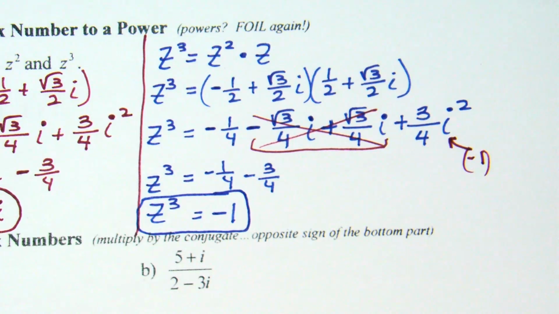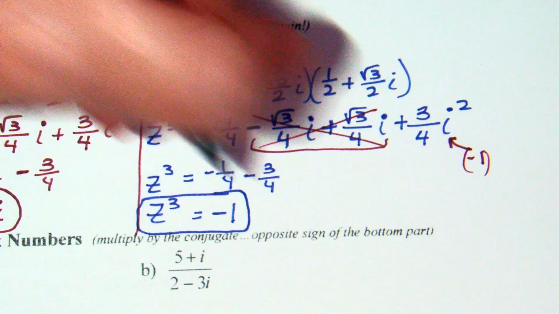Negative 1 plus 0i. Okay, so that's an alternative answer there. It's a good answer to C because honestly, the answer key is likely to have that alternative answer. Watch your directions in homework. If it says to express your answer as a complex number, they're looking for a real plus imaginary part. Okay, so watch out for that.